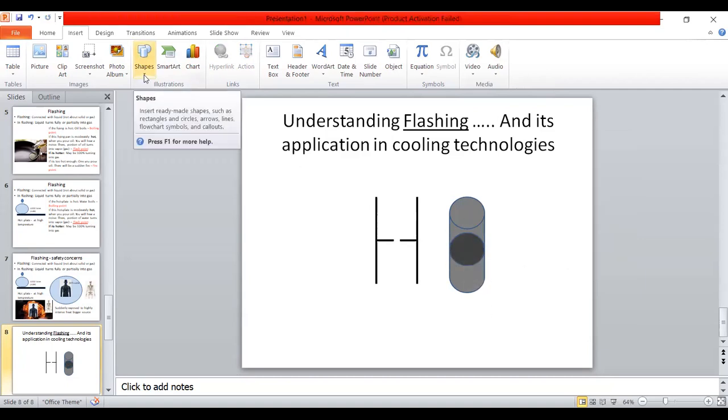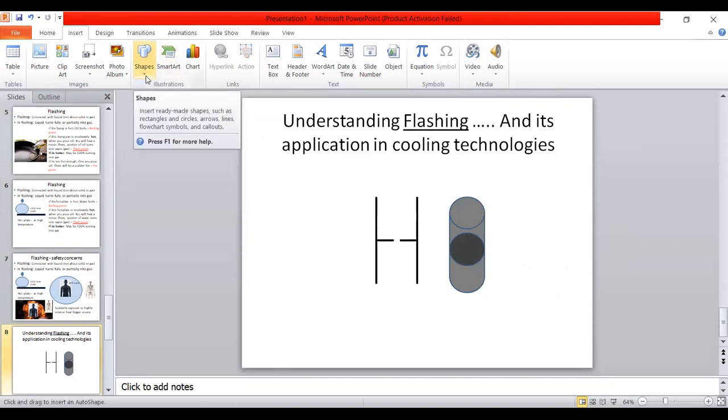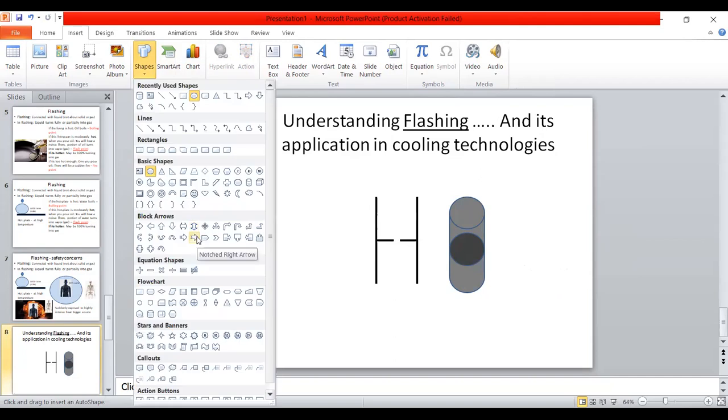On the plate, there is a tiny hole. How tiny depends on the application. It depends on the design, meant for that application.